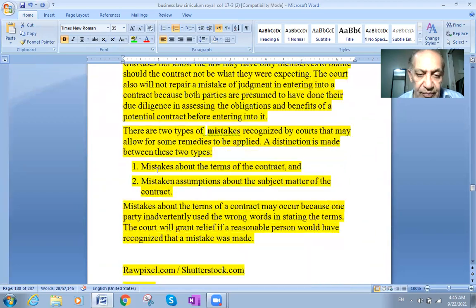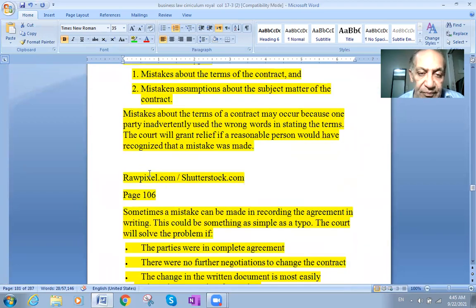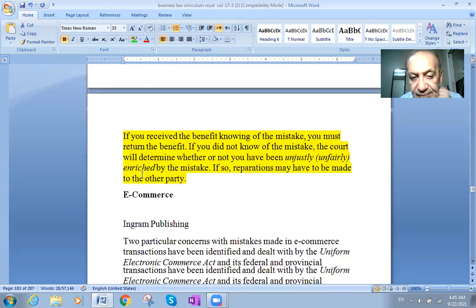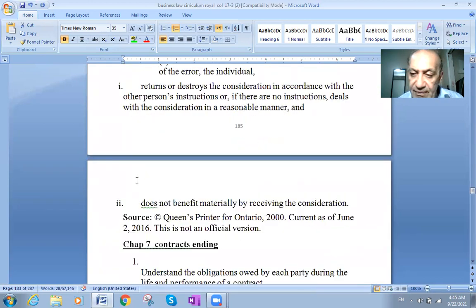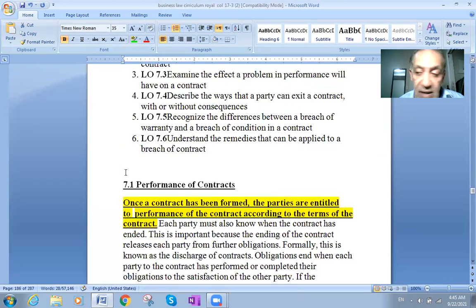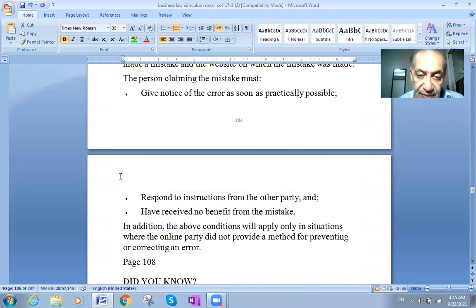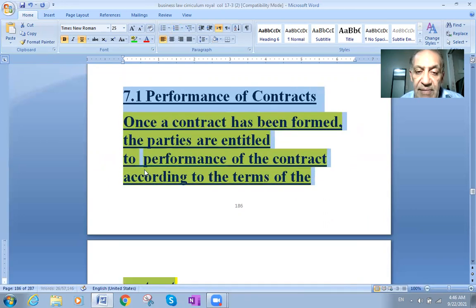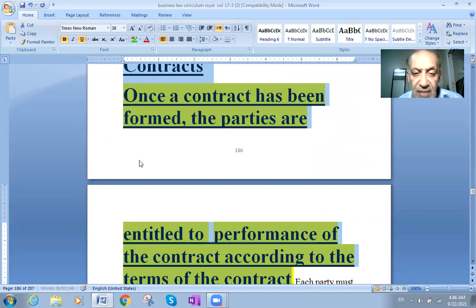Okay. Those were the mistakes in the electronic contract. We'll go now to a point called performance of contracts. So what do we mean by the performance of contracts?